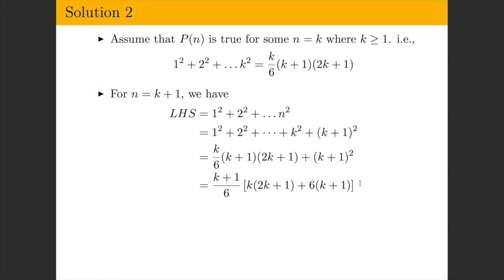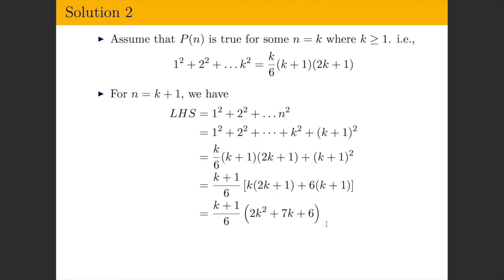So then I'm going to expand the innermost part, or I'm going to expand that set of brackets. And when I do expand that set of brackets, I've got my 2k squared here plus k plus 6k, which gives me plus 7k. And then finally, I've got plus 6 here at the end.